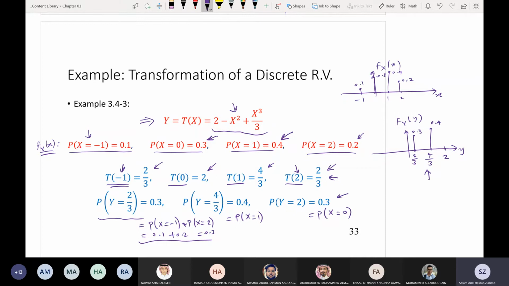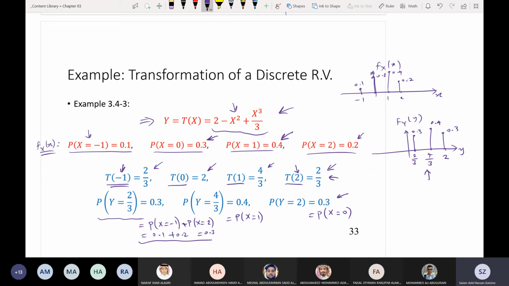So here we have 0.3. It's very simple, as you can see. Simply you need to find the values that y takes given the values of x by applying the function t of x, and then find the probabilities of these y.